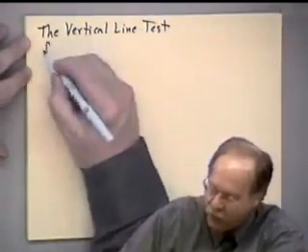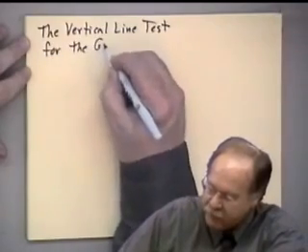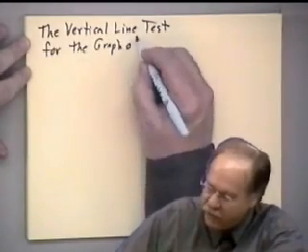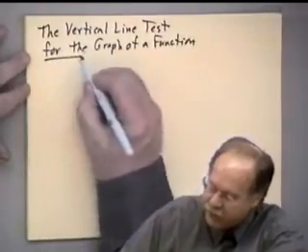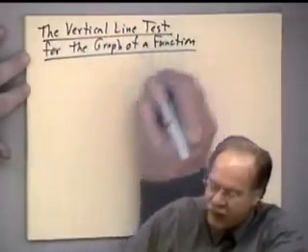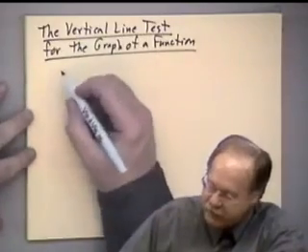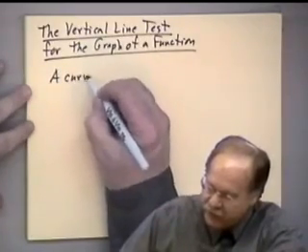and it's a test for the graph of a function to see whether a curve in the plane is in fact the graph of a function. So this is the vertical line test for the graph of a function. And it is an if and only if statement. Goes like this.